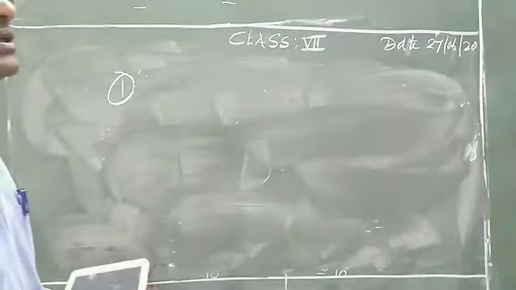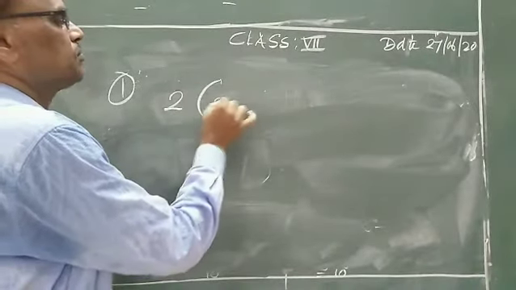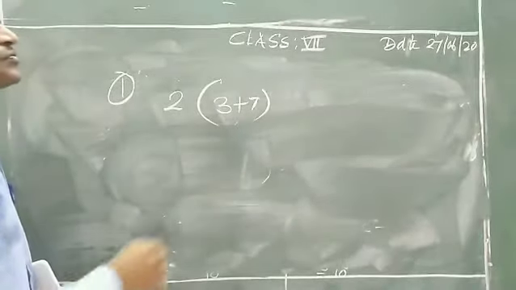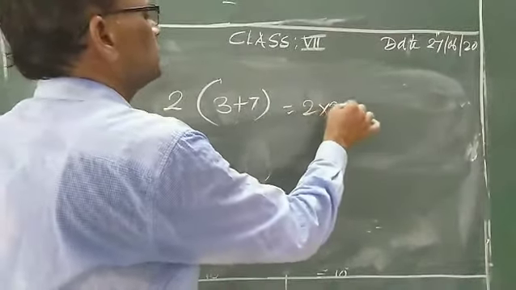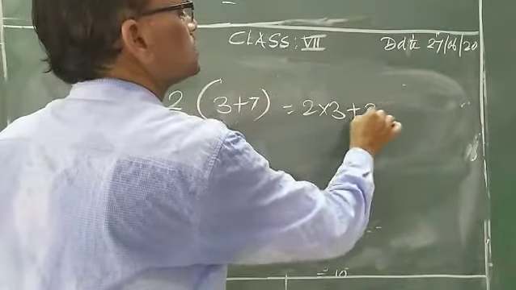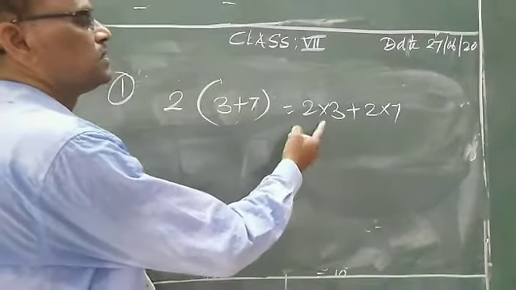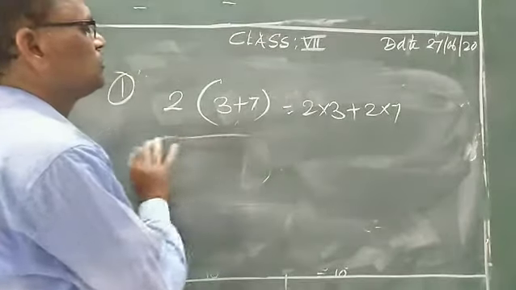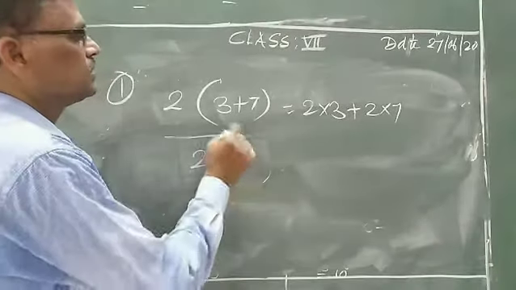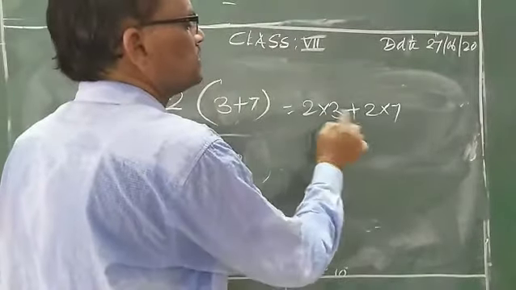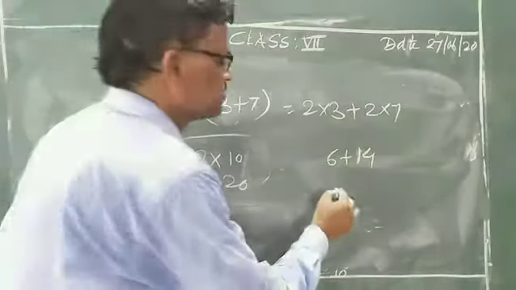First, 2 in bracket 3 plus 7. This gives 2 into 3 and 2 into 7. That is 6 plus 14, which is 20.